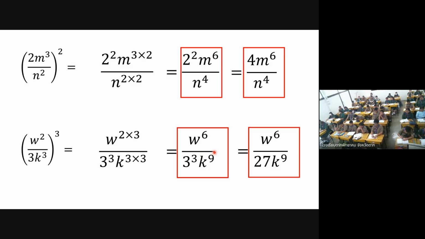Okay, let's make it different. 5 to the power of 5 over 5 to the power of 2, all power 2. Can you tell me the answer? The first one to give me the correct answer. I want the correct answer, okay?